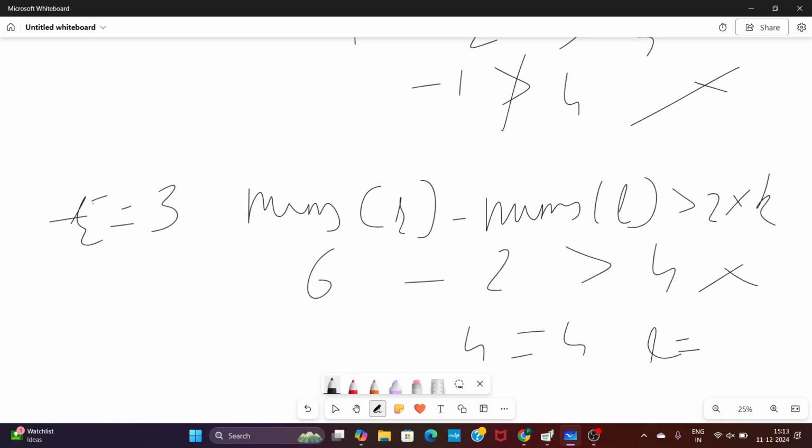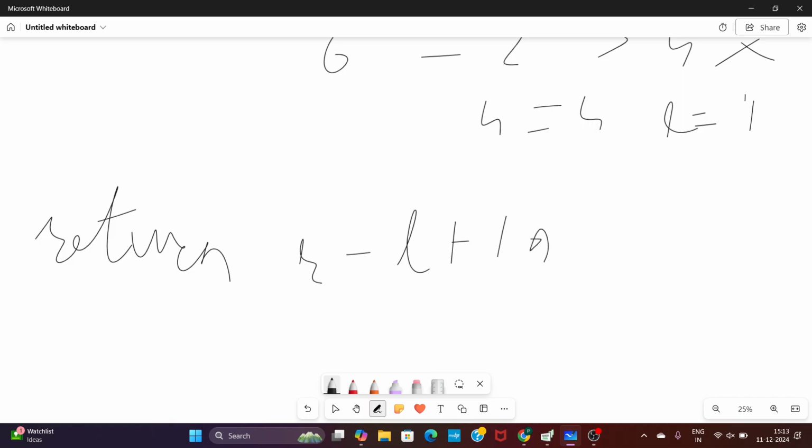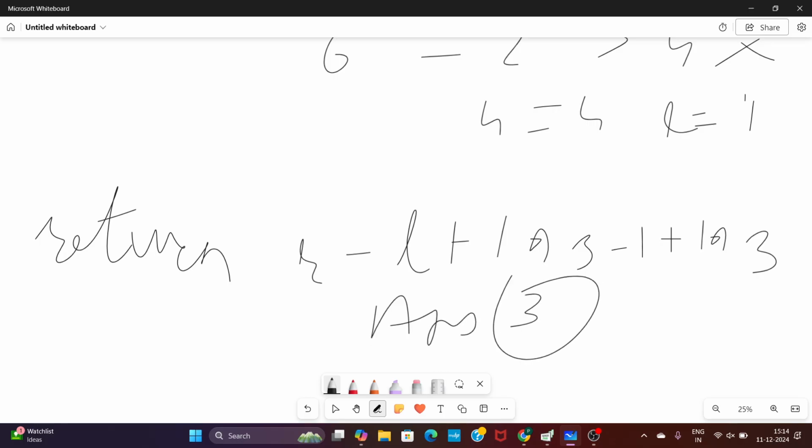So our L will be equal to 1 over there, and now simply return R minus L plus 1. R is 3, so 3 minus 1 plus 1 is equal to 3. Our answer is 3 in this case. So basically we have got our answer.